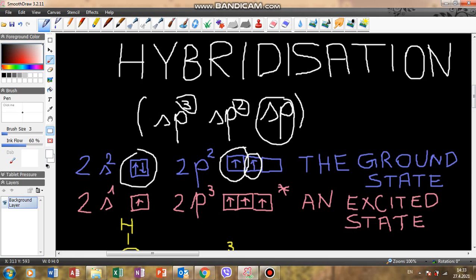And how does that happen? That happens by transferring one of these two s electrons from a lower energy orbital, which is the s orbital, to a higher energy orbital, which is the p orbital, and in this case the pz orbital of carbon atom is now completed. So in excited state, carbon atom is now prepared for hybridization.